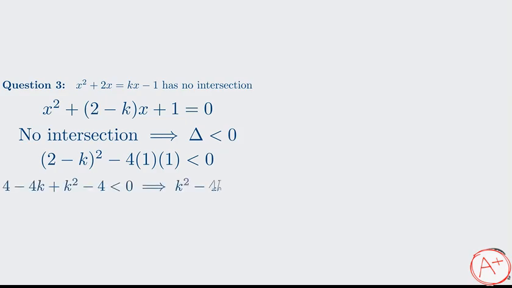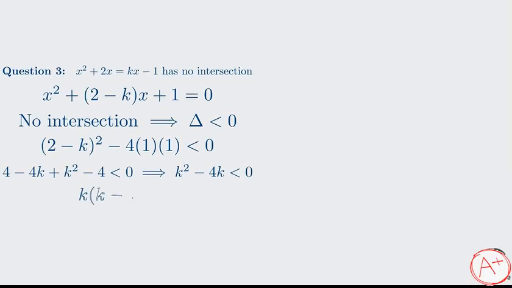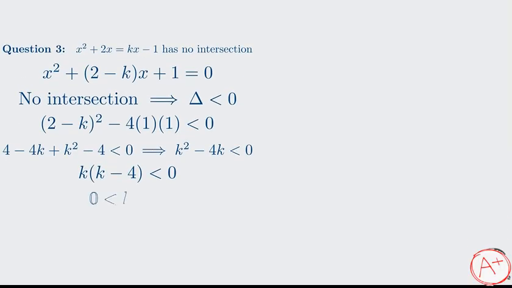Expanding gives 4 − 4k + k² − 4 < 0, which simplifies to k² − 4k < 0. Factorizing gives k(k − 4) < 0. The critical values are 0 and 4. Since we want the region where the expression is less than 0, the solution is the region between the roots.